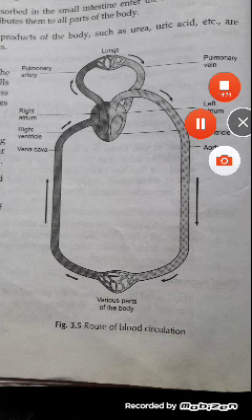Blood from different parts of the body comes to the right atrium when it expands. This impure blood is brought from the upper part of the body through a special kind of tube called the superior vena cava, and from the lower part of the body by another blood vessel called the inferior vena cava.